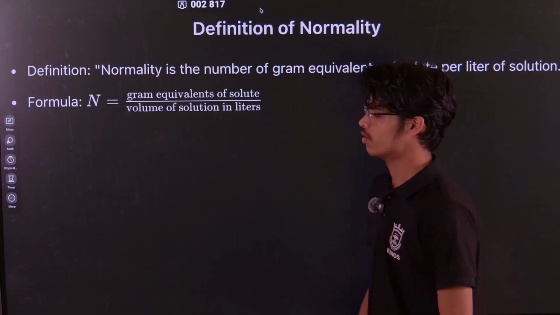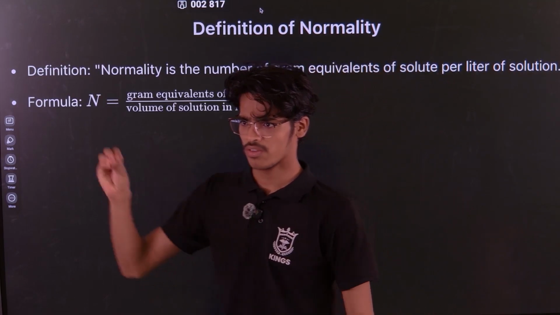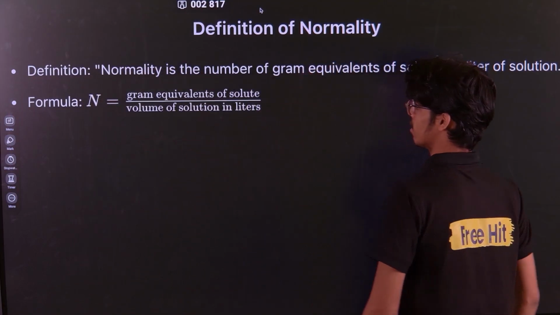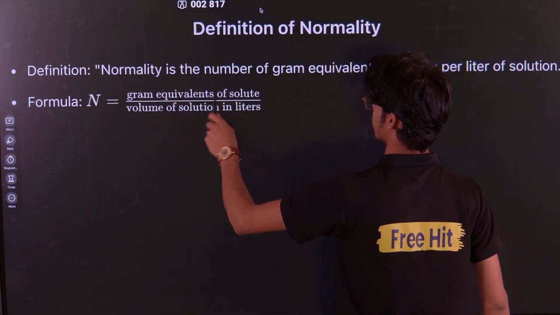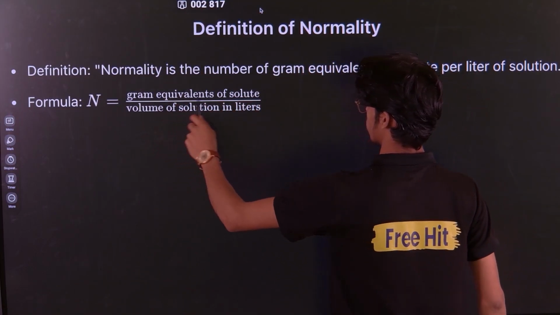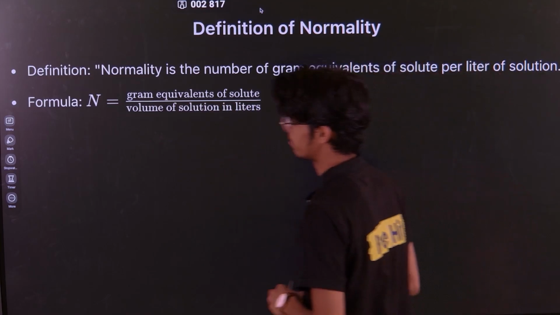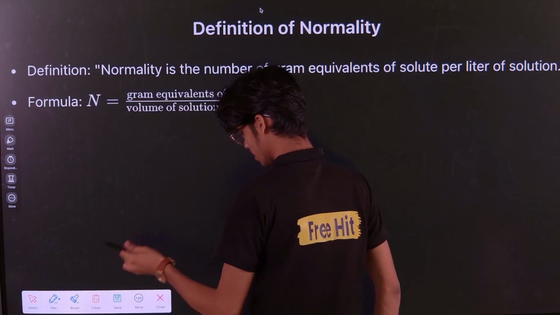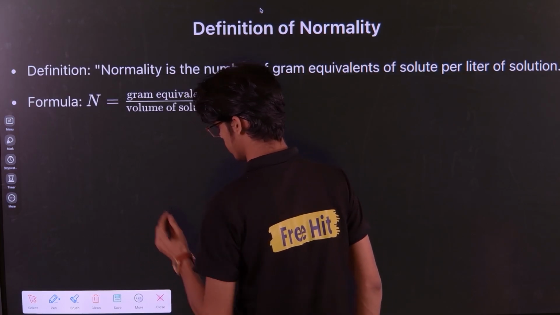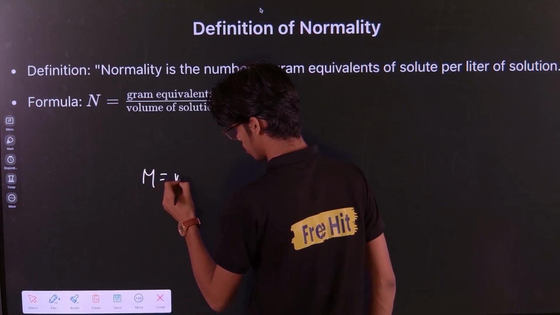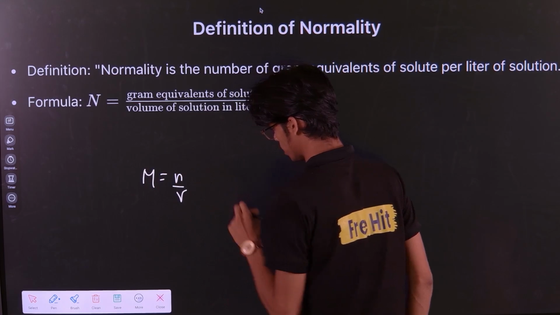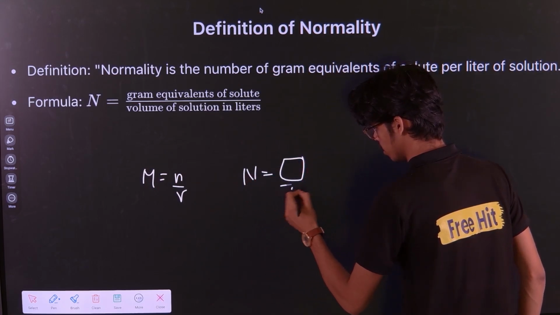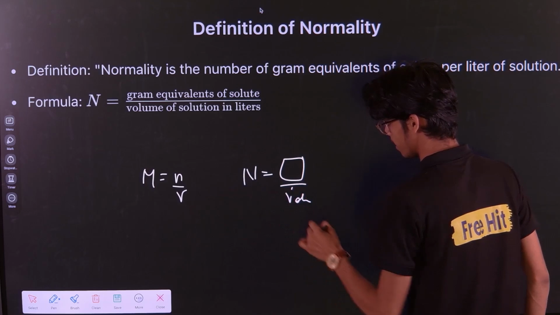Just like molarity is the number of moles per unit volume of the solution, normality is the number of gram equivalents of a solute per unit volume of a solution. Now what is the difference between molarity and normality? Molarity talks about the number of moles per unit volume of the solution, and normality also talks about moles per unit volume of the solution, exactly like this.